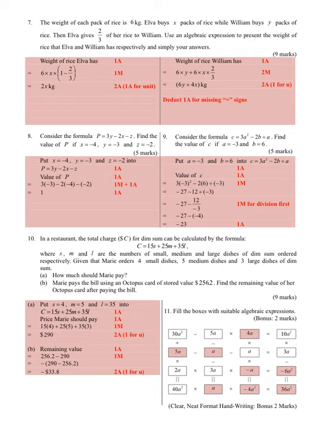Alpha buys x packs of rice and therefore the weight will be 6 multiplied by x, but she is going to give away 2/3 of her rice, so the remaining rice that Alpha has is only 1/3 of her original rice and therefore becomes 2x with unit kg.